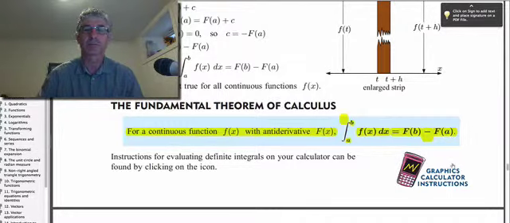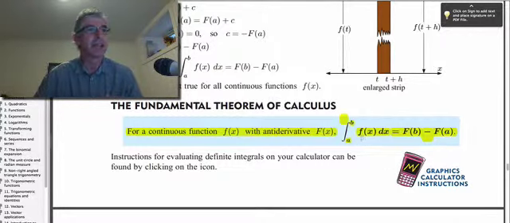Okay, but a question. We've just seen, looking at the antiderivative, how in fact there's an infinite number of antiderivatives for any given function. How can we handle that with integration, with finding the area under the curve? Well, no problem. It's the subtraction here that handles that for us.